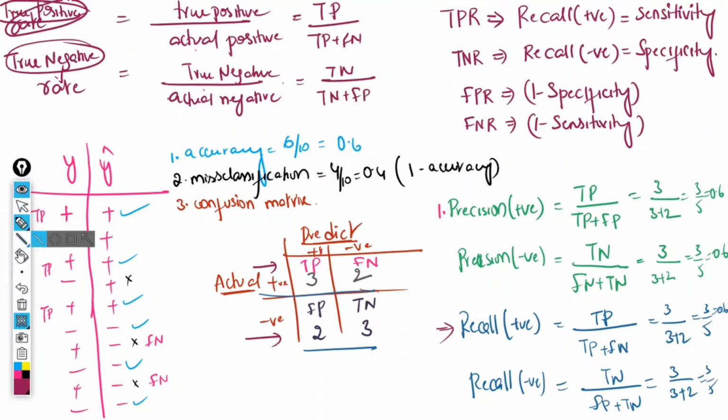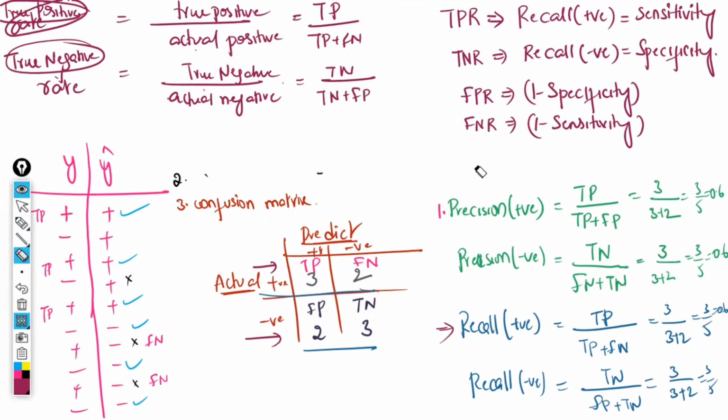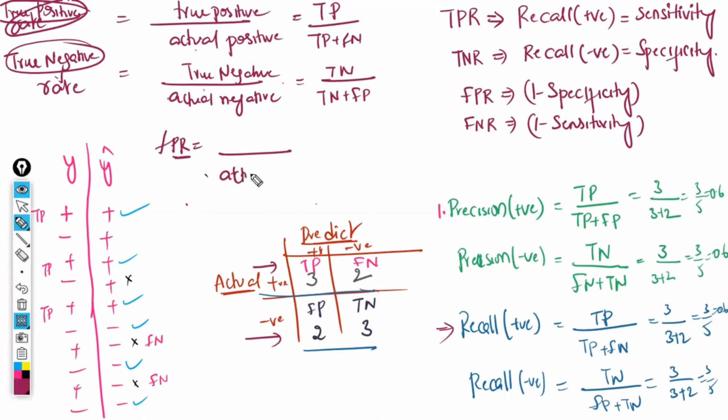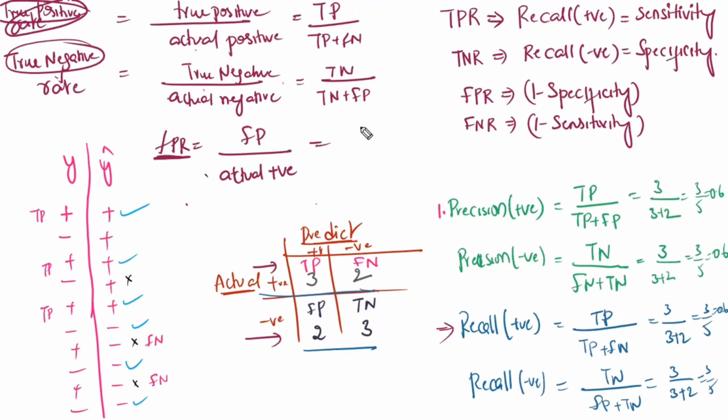Similarly, if they ask you what is FPR, for easy understanding, FPR is a positive rate they are asking about, which means actual positives. You have to focus on the actual positives in the denominator, and in the numerator you focus on FP, false positives. That is false positives divided by actual positives, which is TP plus FN.